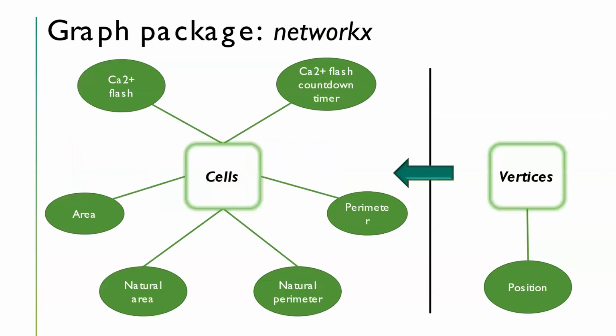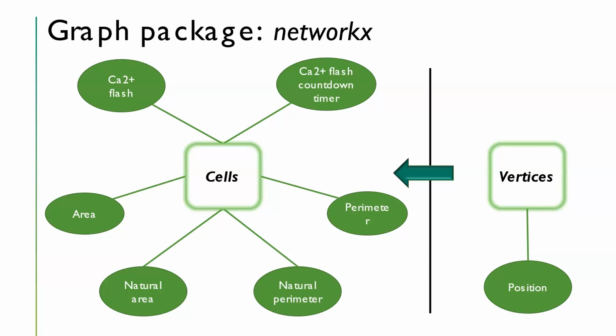One of the packages I used was NetworkX, which is for any graph-based modeling. The data structures I had were cells and vertices. The vertex graph just had the position attribute for each of the vertices, and the cell graph had the attributes for each of the cells.